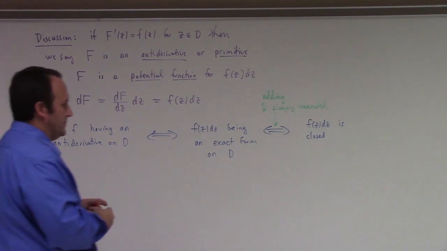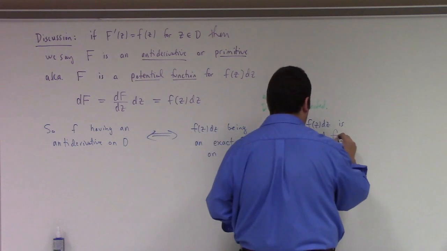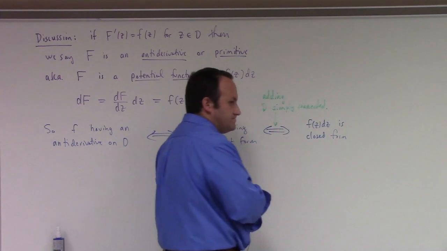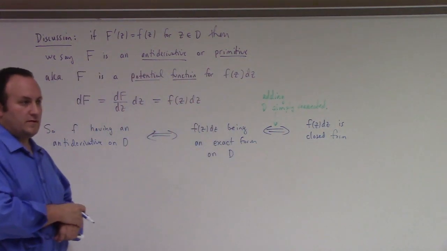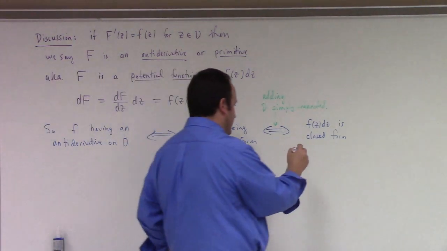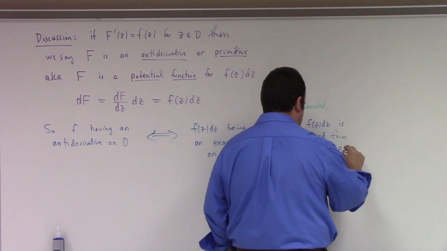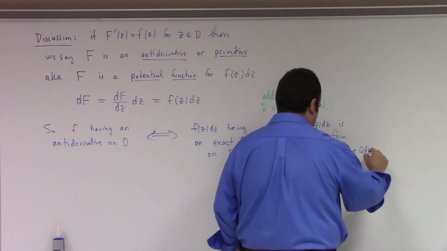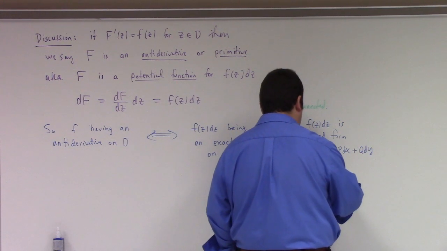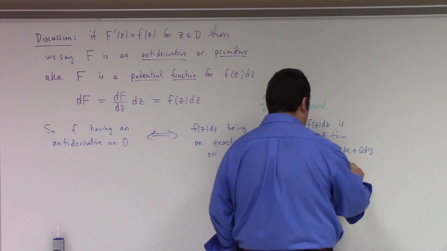What does closed form mean? Remember, that meant if we write f of z dz equal to p dx plus q dy, we have that q_x is equal to p_y, yeah?